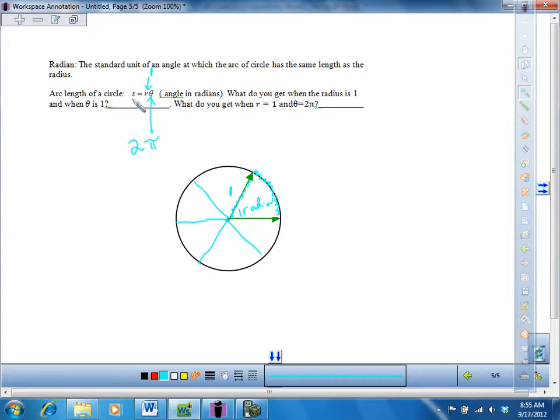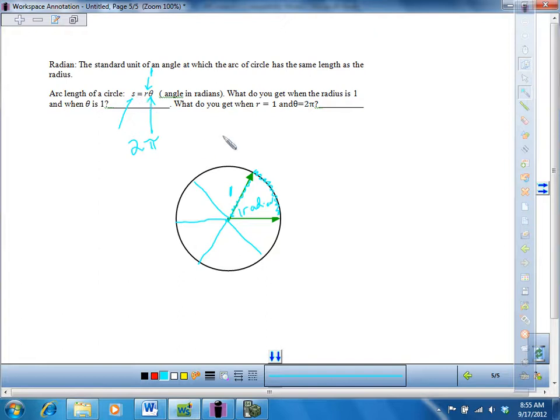This S means arc length, and arc length is the distance from here to here. What do you get when the radius is 1 and theta? Oh, I already did that, didn't I? When theta is 1, I'm sorry. So when theta is 1 and the radius is 1, you get 1.